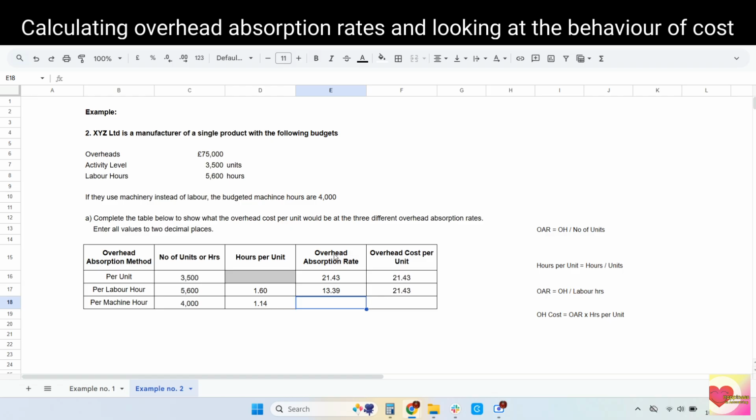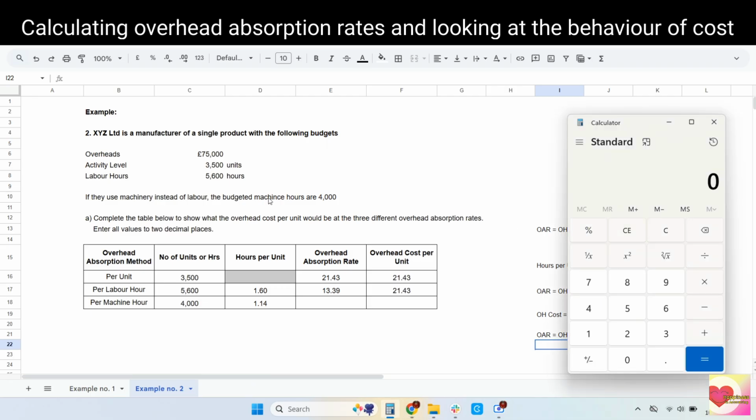Next column, OAR. For OAR, we are using the formula overhead divided by number of machine hours since our method is per machine hour method. Now let's calculate the OAR. Overheads, which is 75,000, divided by machine hours, which is 4,000, and we got 18.75.